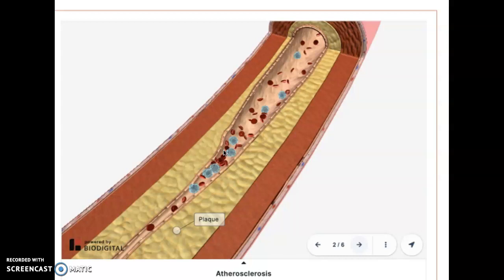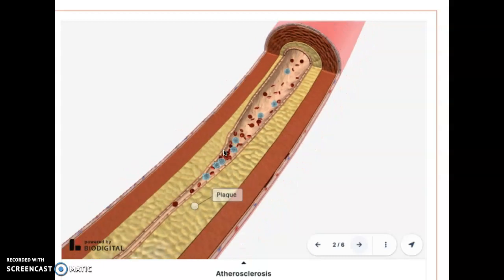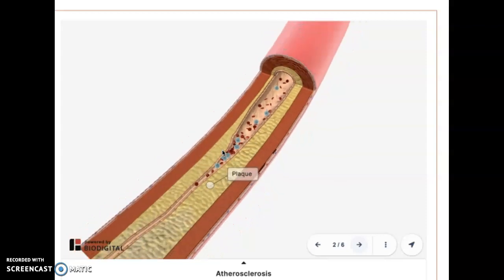So if you're restricting that blood flow, you're going to cause some problems to any of the cells and tissues downstream that need that fresh blood. So the condition of the plaque buildup is called atherosclerosis.